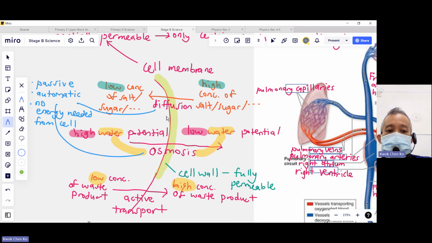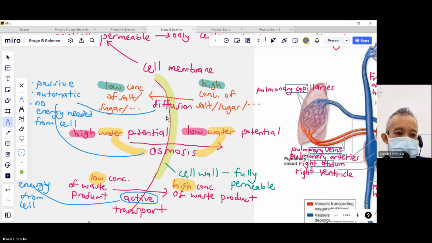But this one, the opposite of passive is active. This is not automatic. You need energy from the cell.